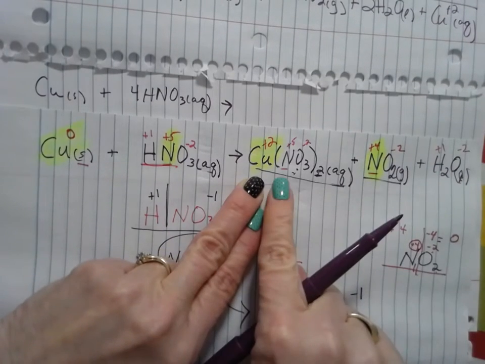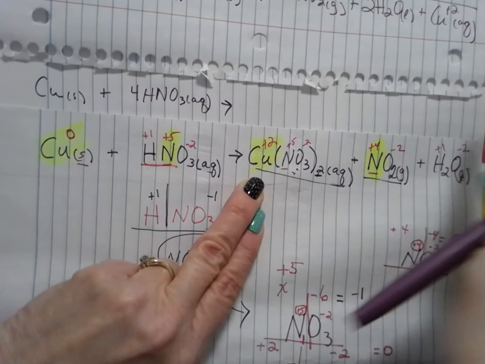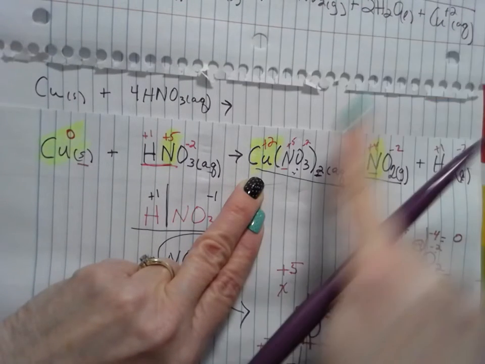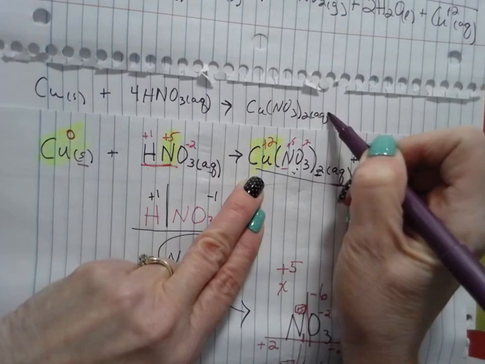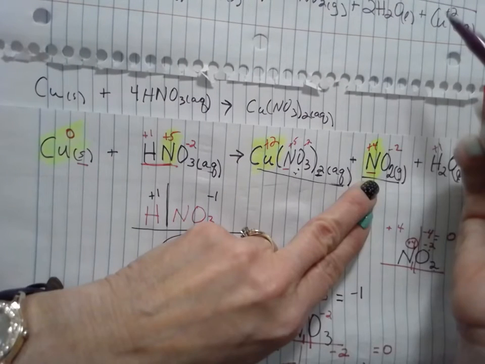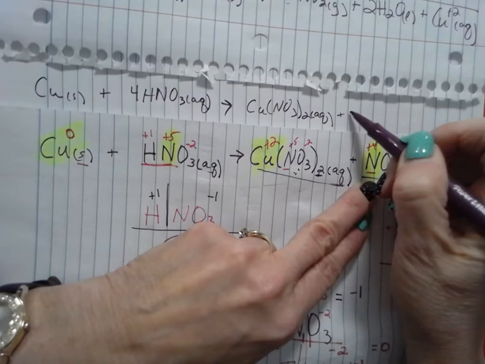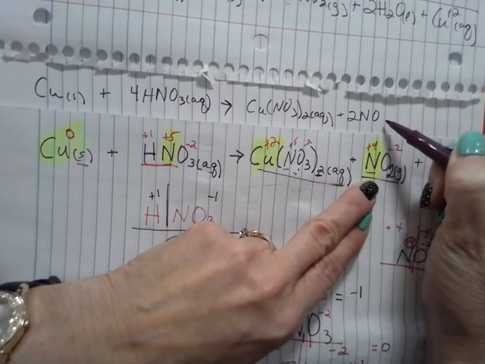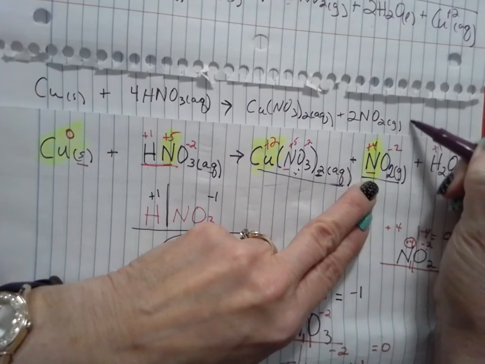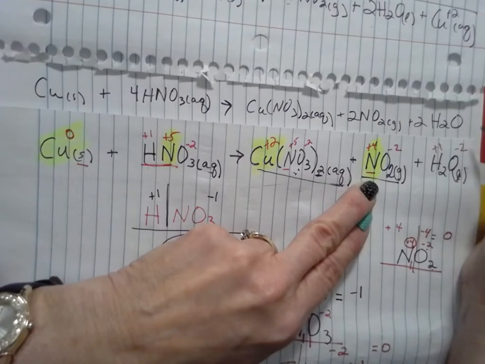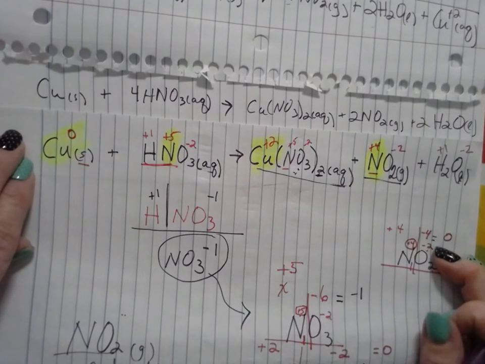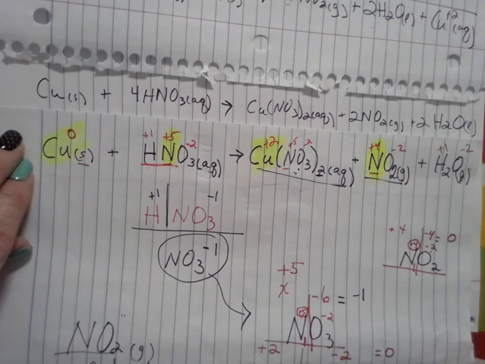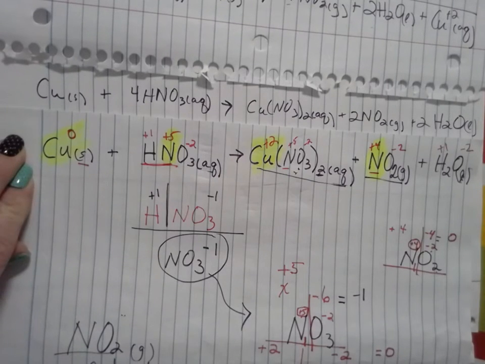I had a 1 in front of this copper right here. I had a 2 in front of this nitrogen dioxide, and I had a 2 in front of that water. Now I'm going to go back and I'm going to double check everything, and if all of my elements don't equal on the same side, then I've got to figure out how to make them equal.